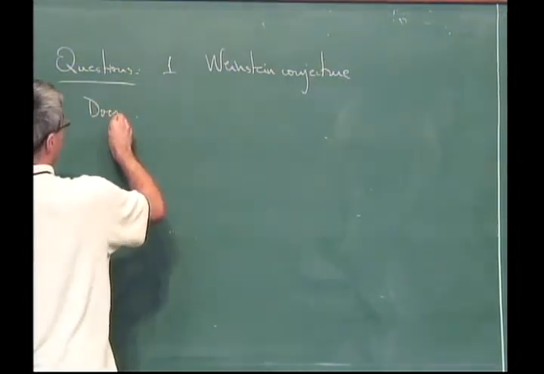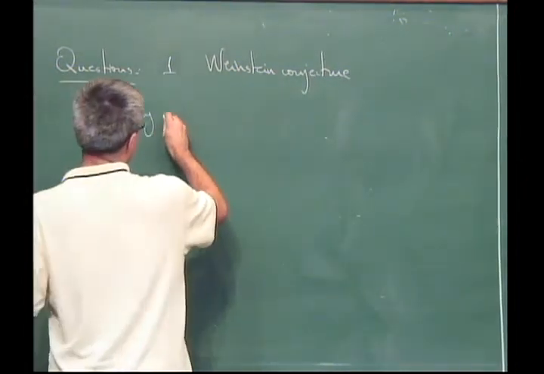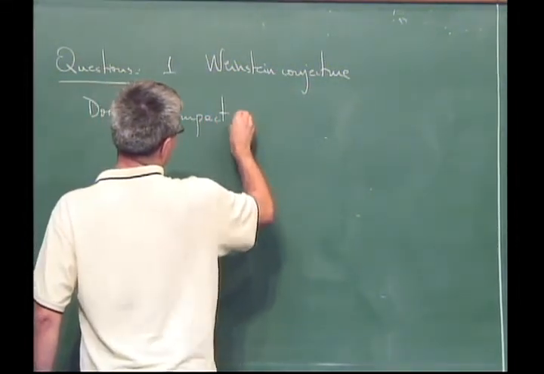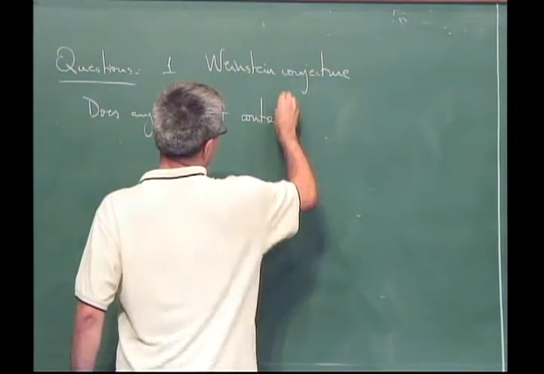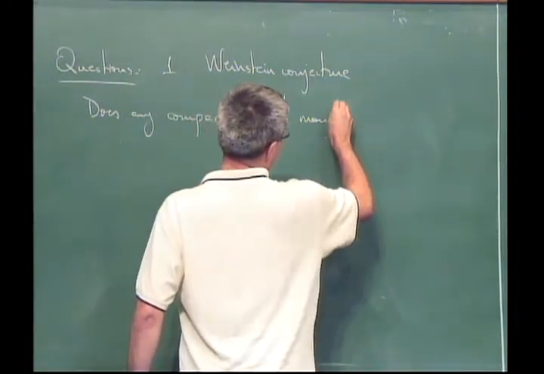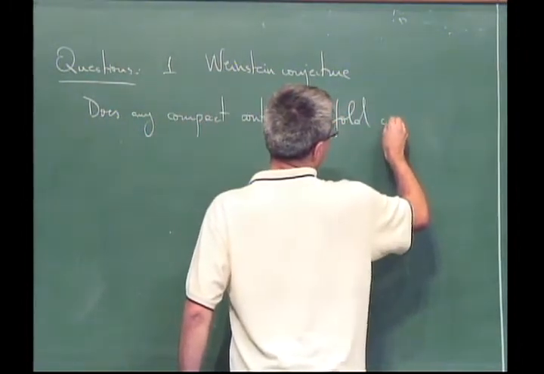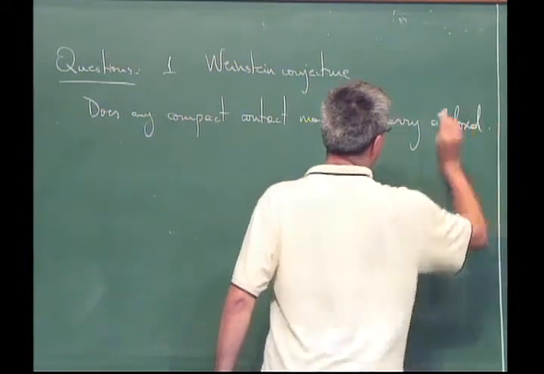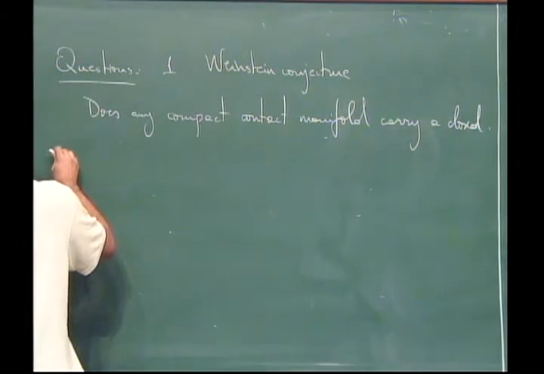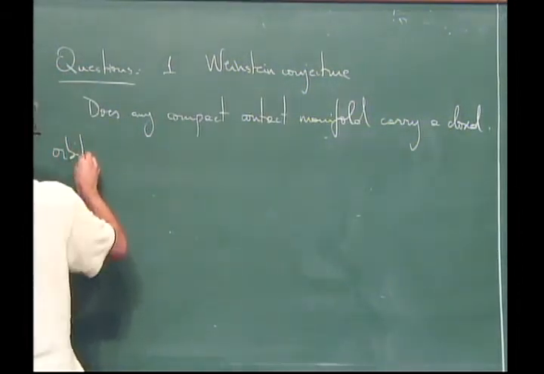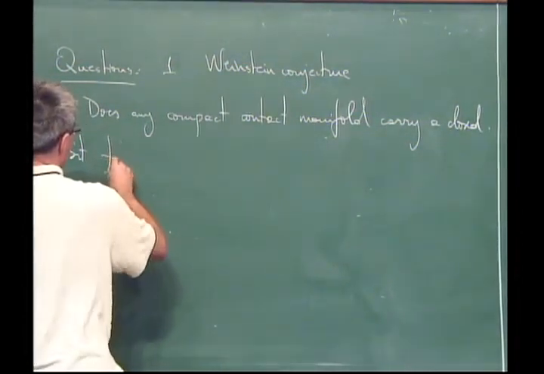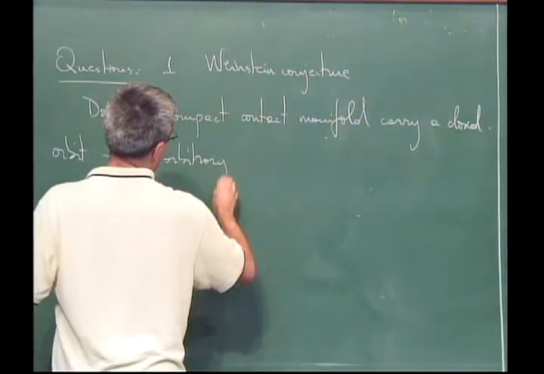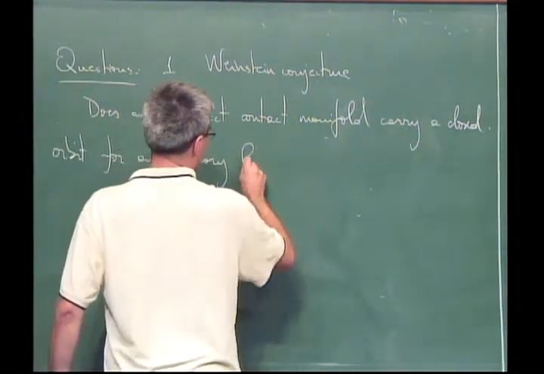Does any compact contact manifold carry a closed orbit for an arbitrary Reeb vector field?